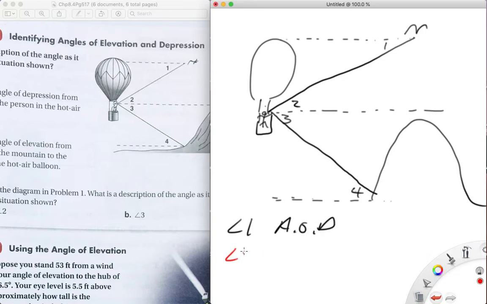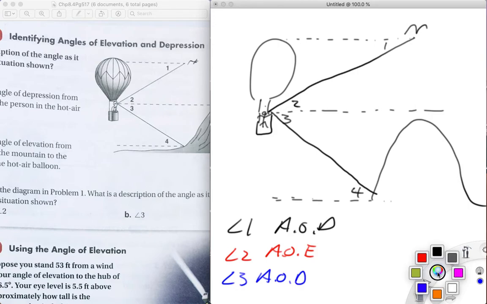Angle 2, the person is looking up at the bird. It forms an alternate interior angle with angle 1. So if angle 1 is angle of depression, then angle 2 is angle of elevation. And then number 3, that person is looking down onto the base of the mountain. So that's angle of depression.